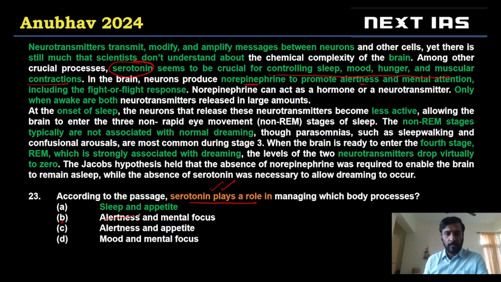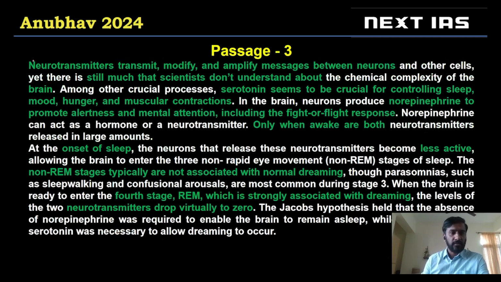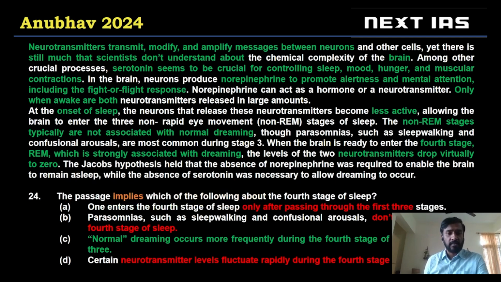Alertness is norepinephrine, and mood and mental focus are also norepinephrine. So only A, sleep and appetite. So option A is the correct choice. Simple factual question. After going through such a taxing passage, we can expect a simple factual question at the end of it. Not always, but at least in this case, there was one.